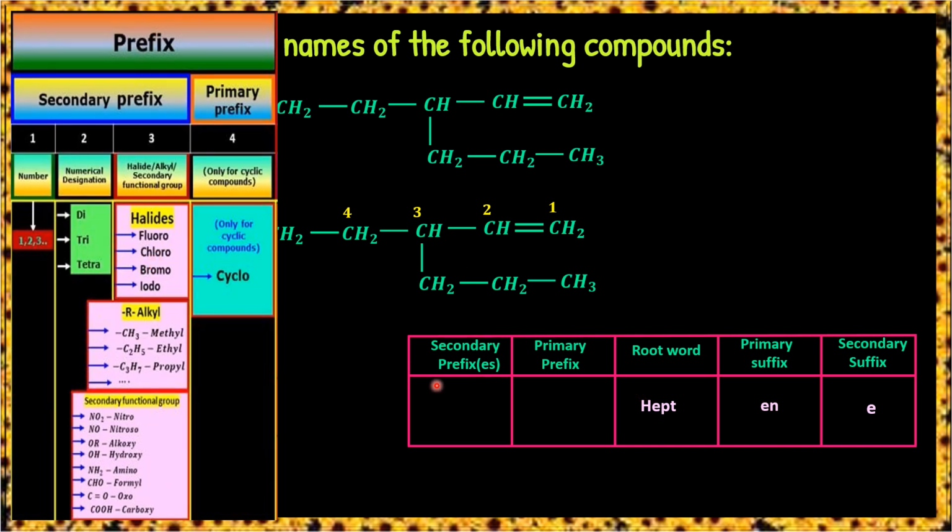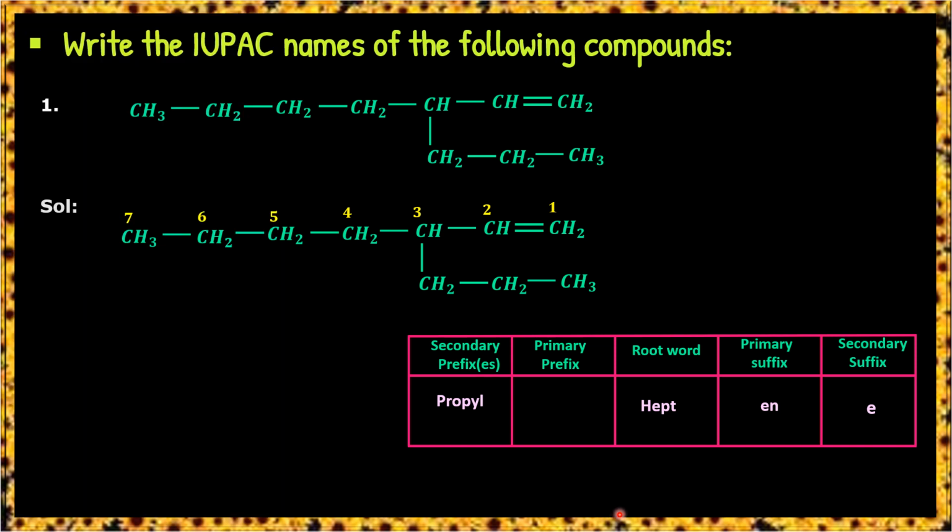Next, secondary prefixes are nothing but substituents. Here, one side chain is there. It is called a substituent. It is propyl, C3H7. So the name of this compound is 3-propyl hept-1-ene.